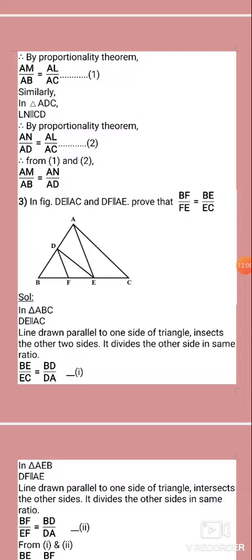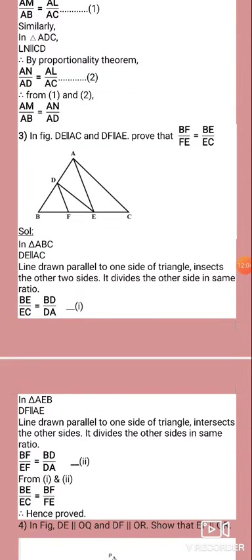Call it equation 2. From equations 1 and 2, BE by EC is equal to BF by FE, since BD by DA is the same.